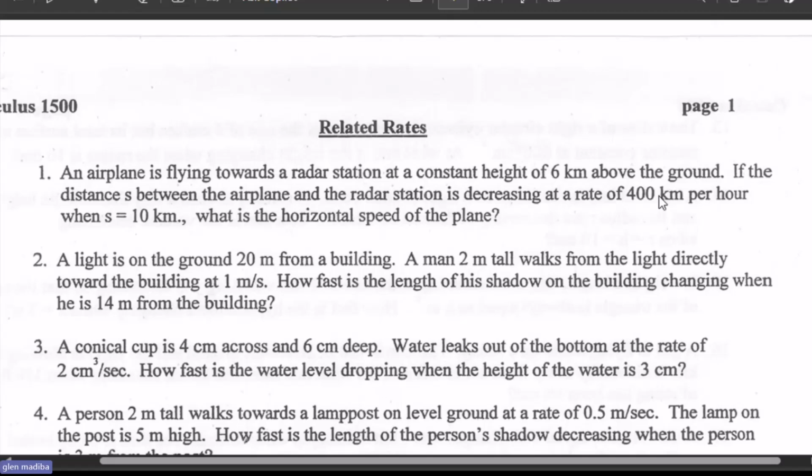Now, after the comma, in the second line, they say, what is the horizontal speed of the plane? Okay, just take a guess of what it is that they are looking for here. They're probably looking for x, sir. Or the derivative of x. I'm not sure. Yes, the rate at which x is changing with respect to time.